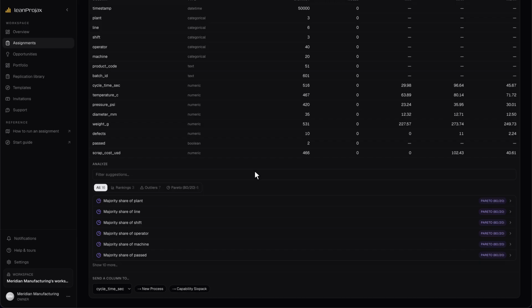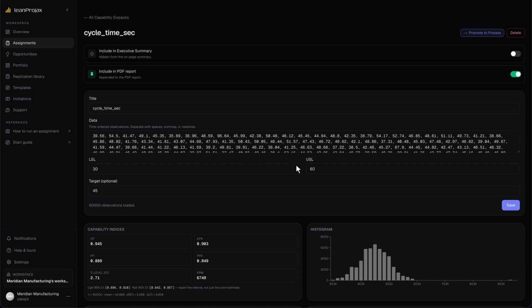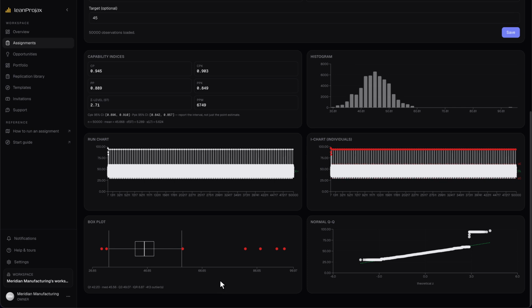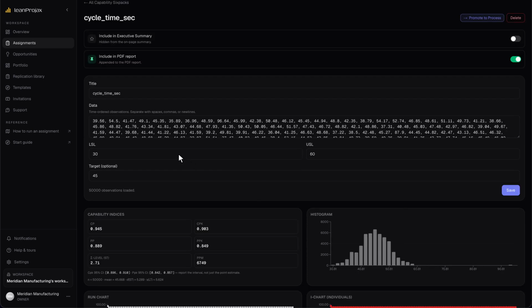Now the real thing. I'll use the LeanProjax platform. From the data playground profile of our 50,000-row dataset, I send the cycle time columns straight to a capability Sixpack. The run opens with every chart drawn, histogram, run chart, control chart, box plot, normality check, and our specs are already in place.